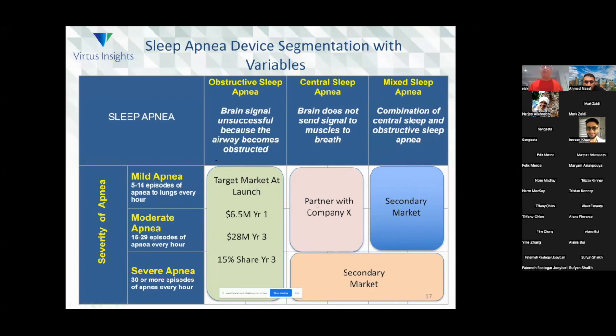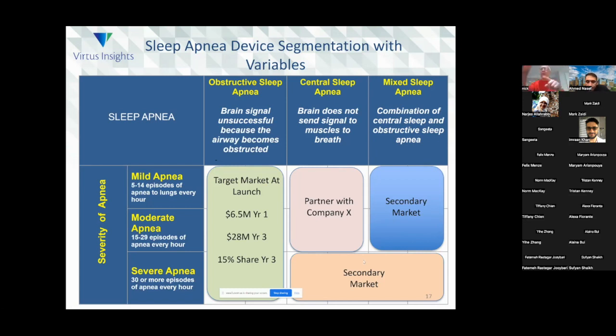But for central sleep apnea, the decision there is, if we go after this market, which is a small number of patients, it may be better to partner with another company. And then this is another secondary market here. And that's an example. This is a powerful way of doing an exercise of defining your total addressable market.